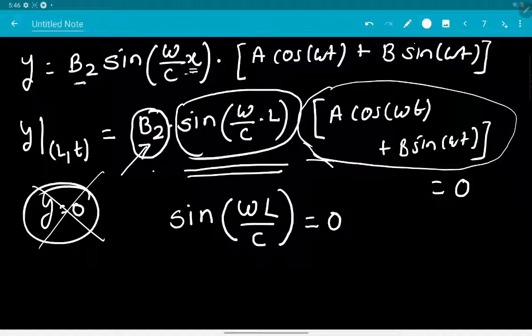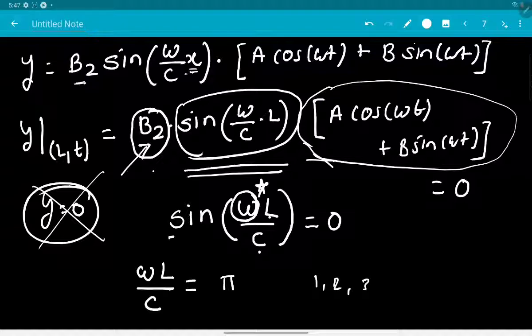Which essentially means that omega should be such that sine of omega times L by c happens to be equal to 0. So when is sine of any quantity equal to 0? When that quantity, which is omega L by c, is equal to some integer multiple of pi, like 1, 2, 3, then only you will get 0.